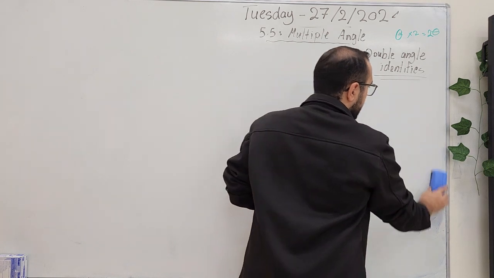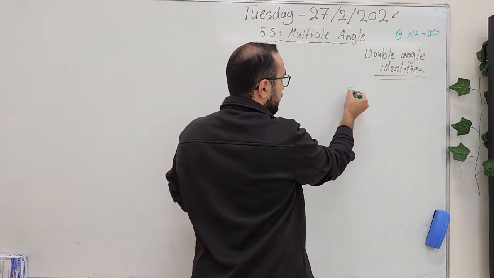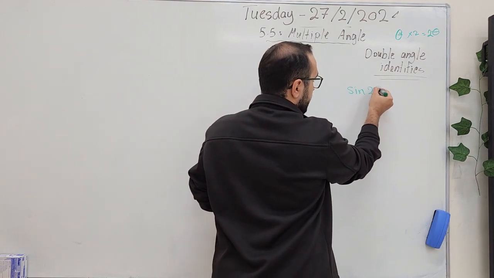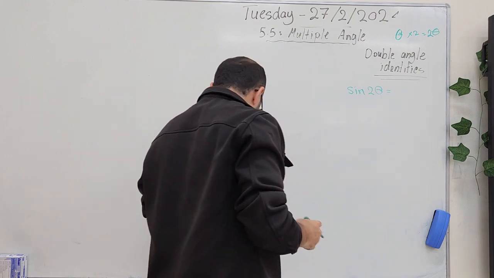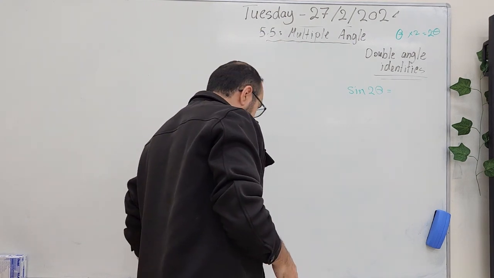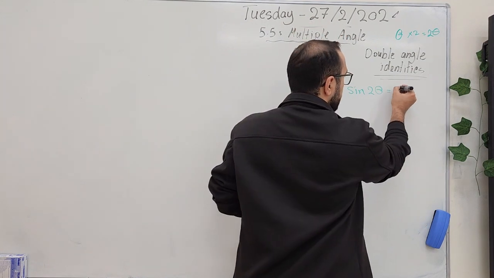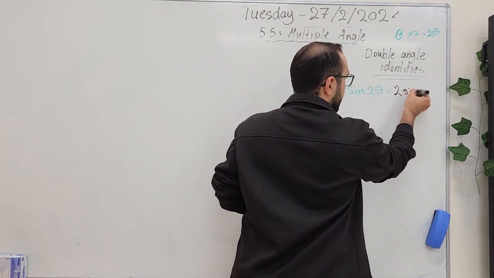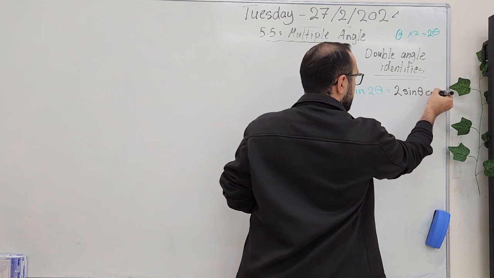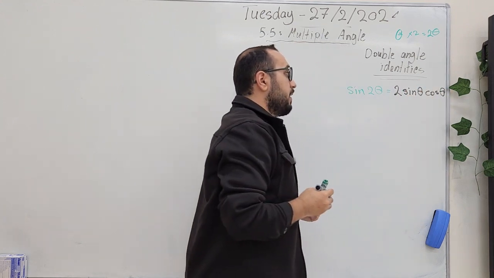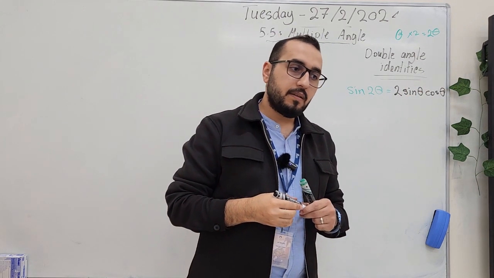Let me write it again here. Sine double theta, what's the rule of the double theta? Let me use the black color for this one. So the sine double theta is 2 sine theta cosine theta. This is the rule of the sine double theta.